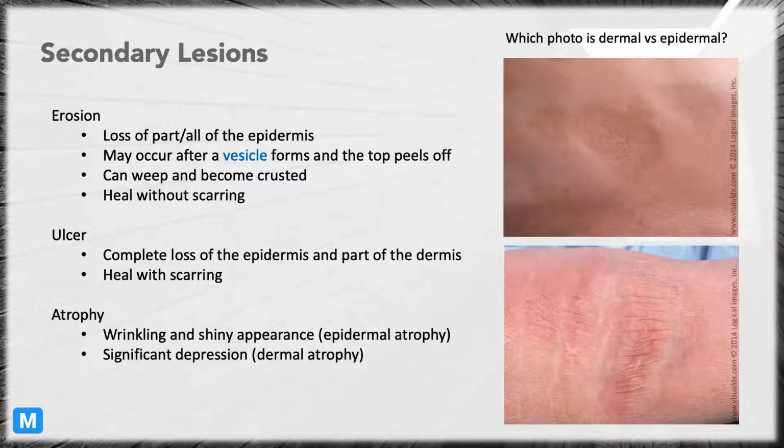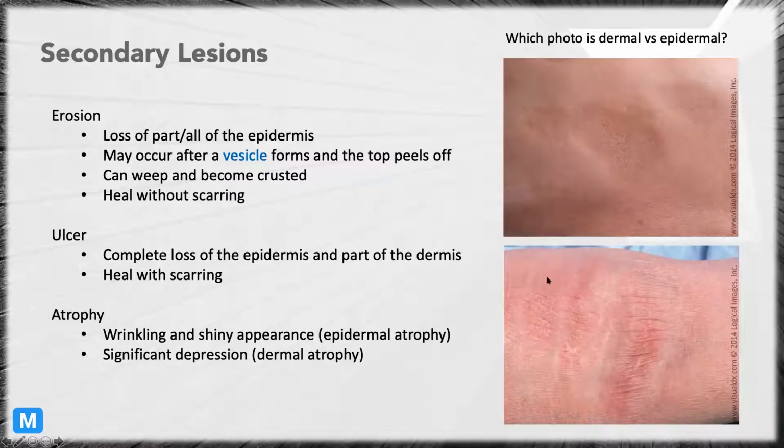Going back to the picture on the top, the skin looks fairly normal. There are no scales, no wrinkling. However, you can appreciate a significant depression of the skin. For the picture at the bottom, you can appreciate the wrinkling and the shiny appearance. For example, here it's pretty shiny, with wrinkling.